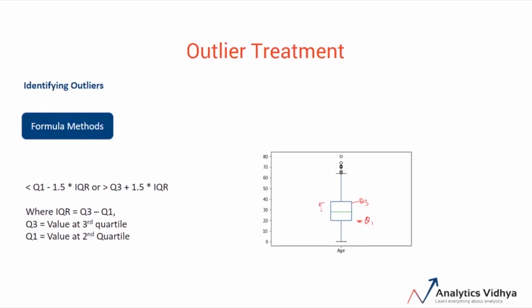The interquartile range or IQR is this, which is Q3 minus Q1. So any value which is less than the first quartile minus 1.5 times the interquartile range, or greater than the third quartile plus 1.5 times the interquartile range becomes an outlier. So this is how we identify outliers using the formula method.